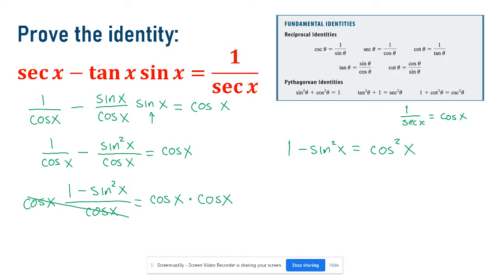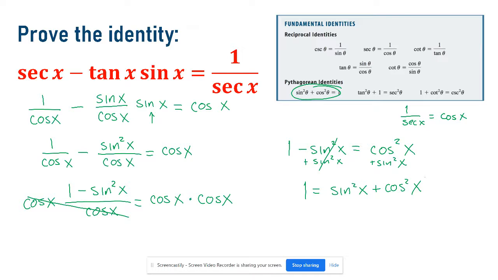And now what I can do is I can look at my Pythagorean identities, and I see this right here. I know sine squared plus cosine squared equals 1. And so what I can do is if I just make this one little move and add sine squared of x to both sides, what I get is 1 is equal to sine squared of x plus cosine squared of x, which is something we have already demonstrated is true.